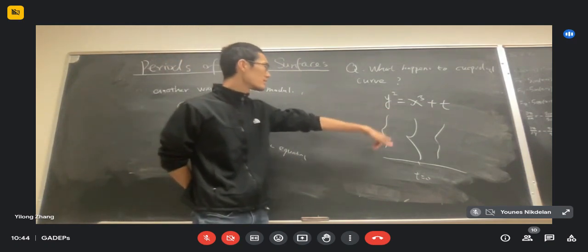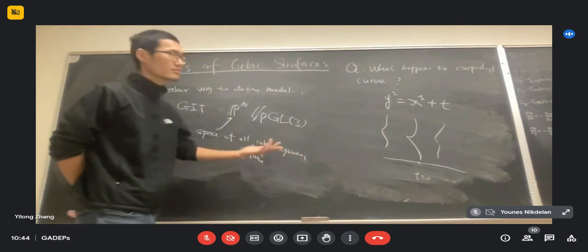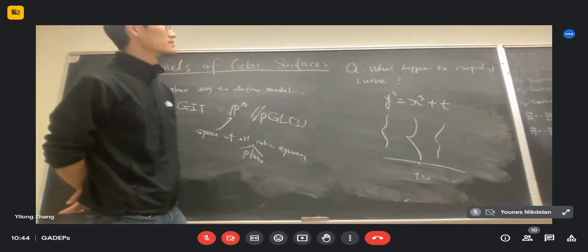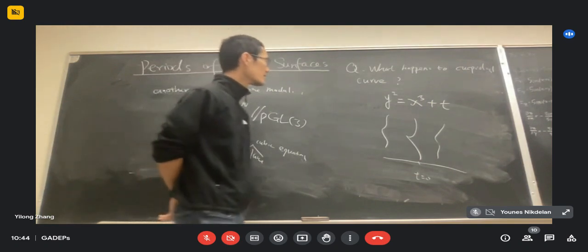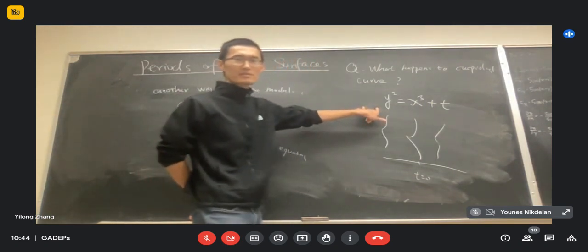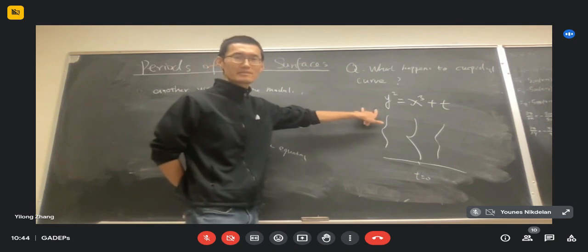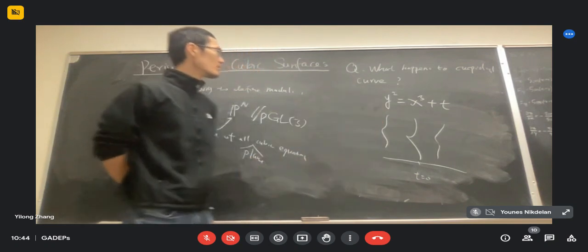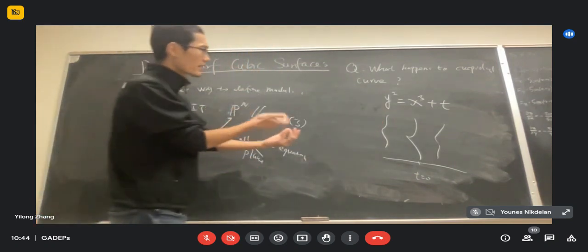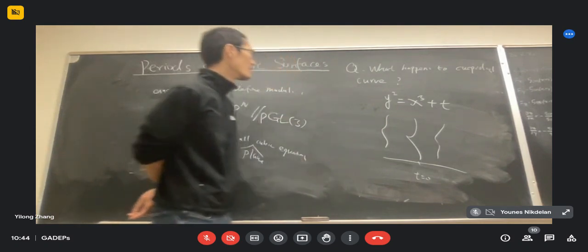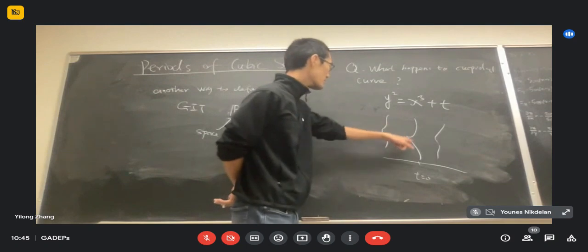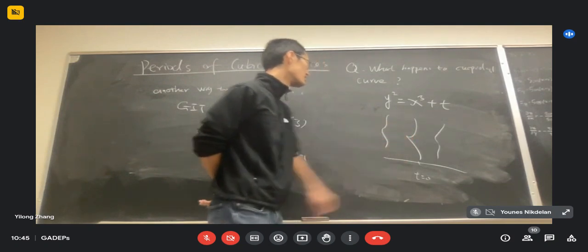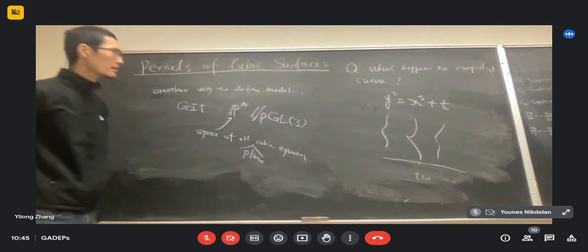Because nearby is smooth, and you can see how the periods go. But the thing is that this is isotrivial, so the periods are probably constant periods. And this monodromy is actually a finite monodromy. So how do I deal with these cuspidal curves in the moduli?